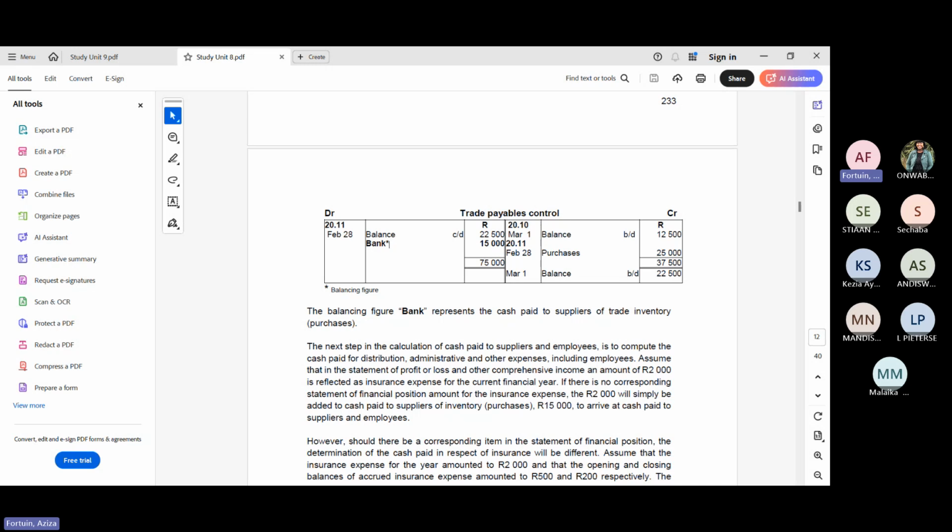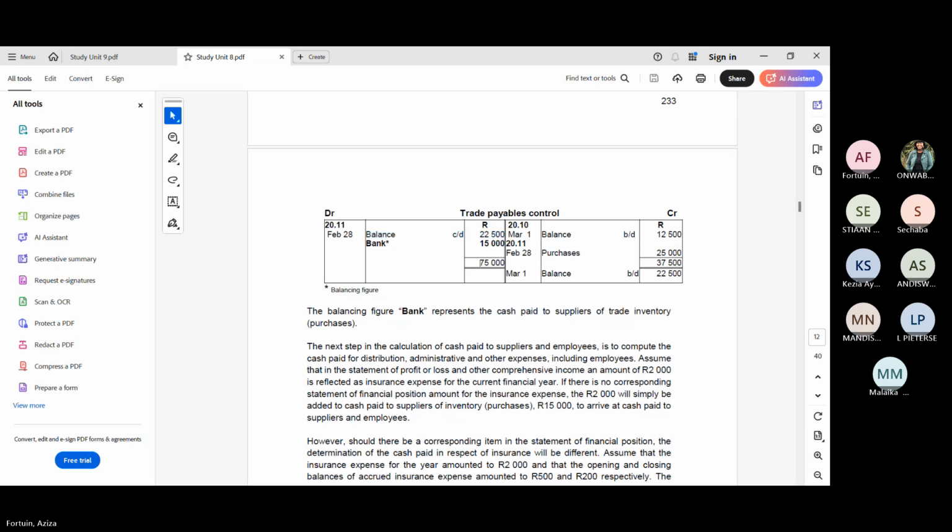If something is an asset, balance brought down will always be on the debit side. An asset and expense balance brought down will always be on the debit side. A liability, income and capital will always be on the credit side. So if it's on the credit side, the balance brought down and the carry down will be on the opposite side.